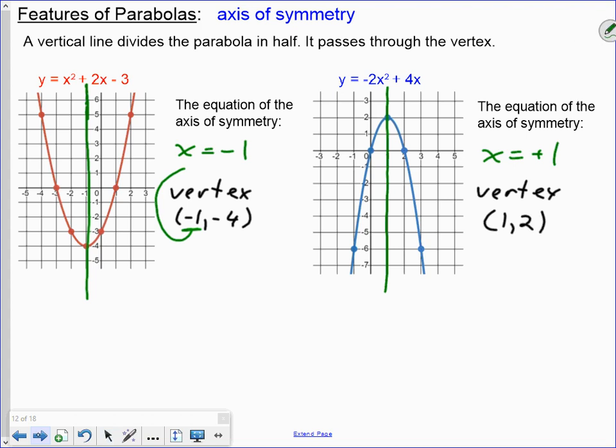Again, this x value in the coordinates of our vertex is the same as this number in the axis of symmetry. So it's related to the x coordinate of the vertex.